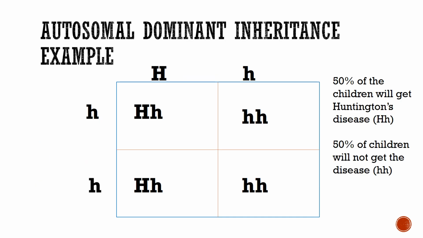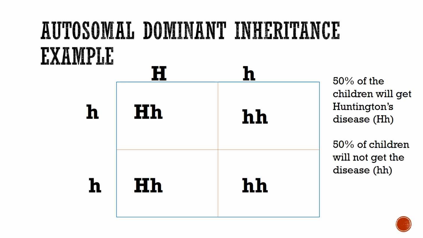So here's an example of an autosomal dominant inheritance pattern. So the capital H represents the HTT mutation here. So the parent on top has capital H, lowercase h, and the parent on the side has just lowercase h's. So whenever they have children, represented by the four squares, 50% of them, so two of them, will get Huntington's disease.